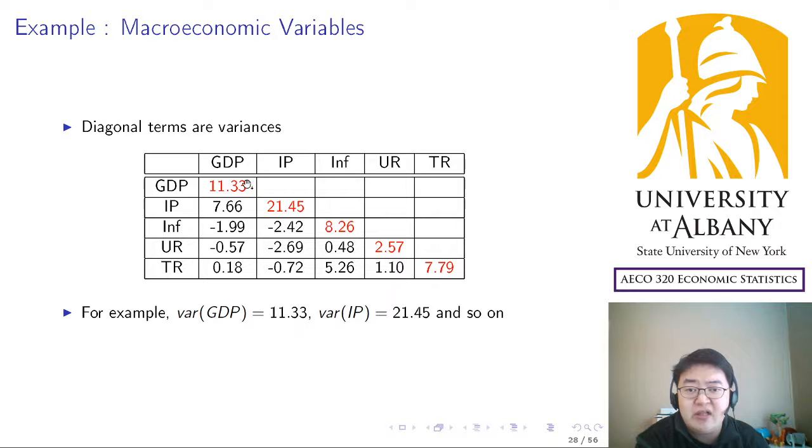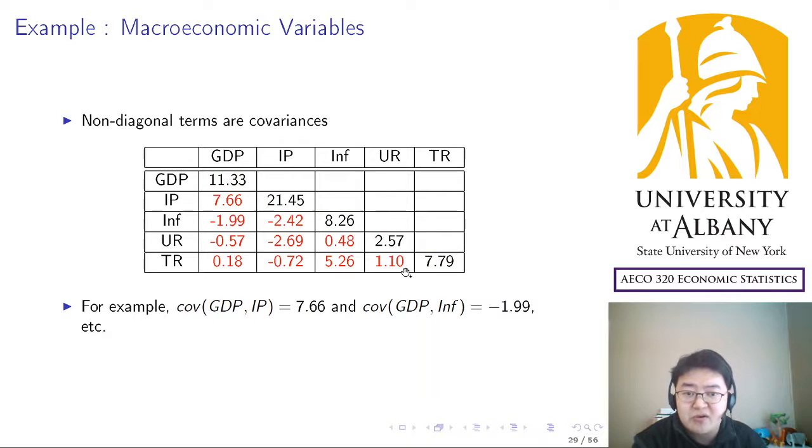If you think about 11.33, it's covariance between GDP and GDP, which is the variance of GDP growth rate. So the diagonal terms are variances, because variances are special cases of covariances. So you can interpret the diagonal terms as variance.